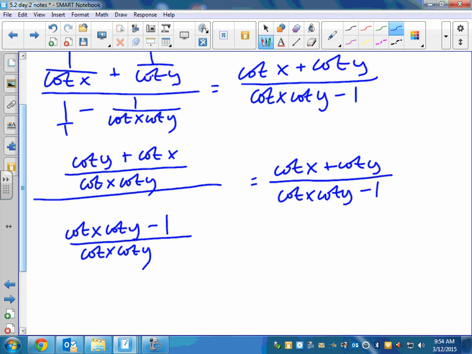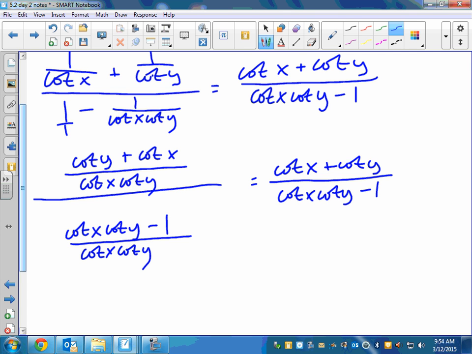Do you agree we pretty much have this here, right? What's the last step we could do? Flip and multiply, or maybe just like we've talked about with the unit circle. If you have the same denominator in a complex fraction, when you keep change flip, that's always going to cancel out. Do you agree with that? I'm okay however you want to do it. If you want to do the keep change flip and show it that way, or if you just want to cross them out, I'm okay with that.